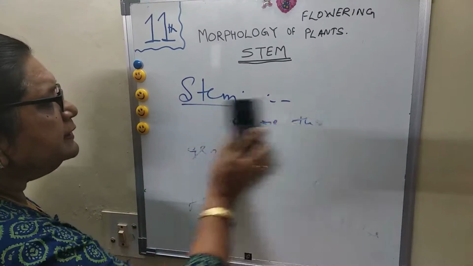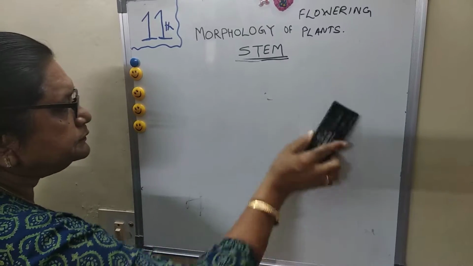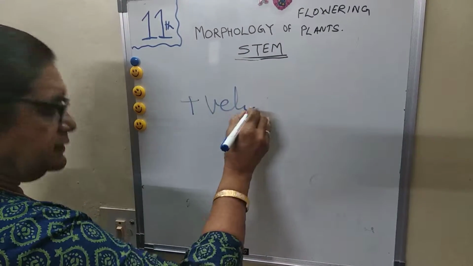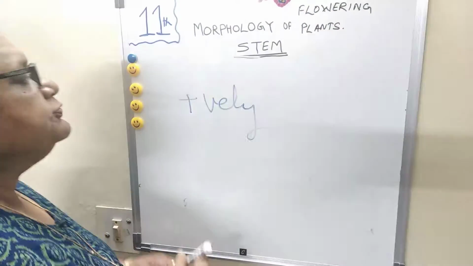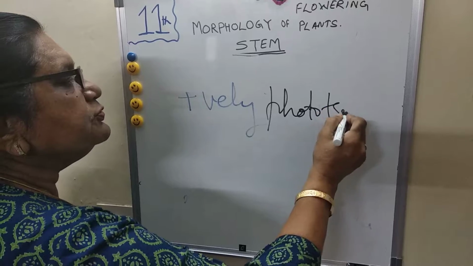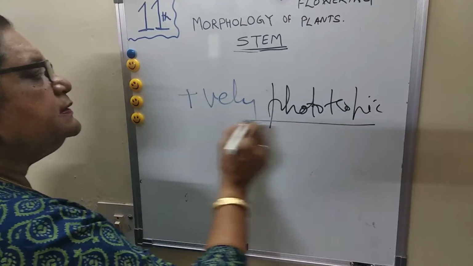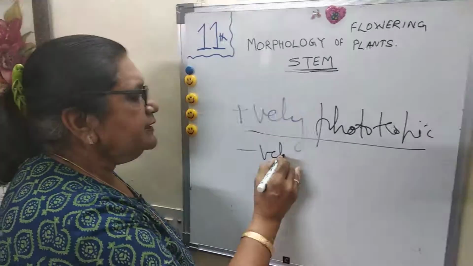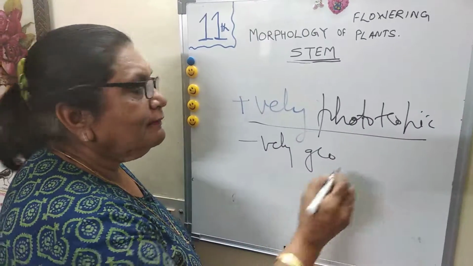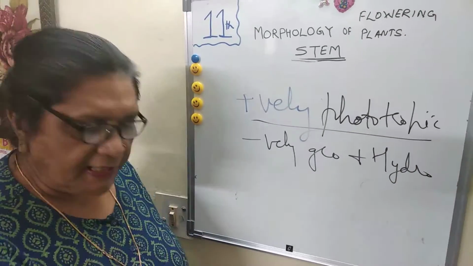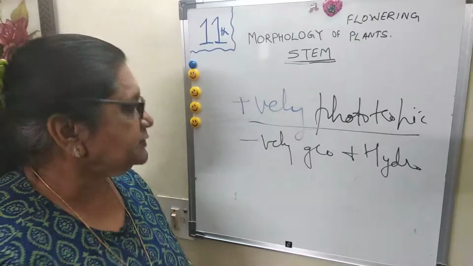Next, they are positively phototropic, that means always towards the light. But negatively geotropic and hydrotropic, away from gravity and the water. This is the main feature.